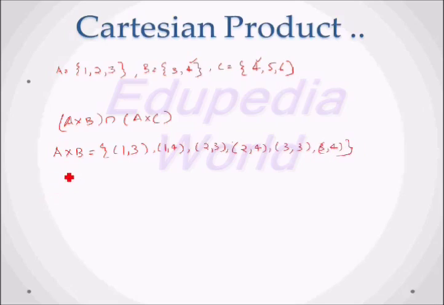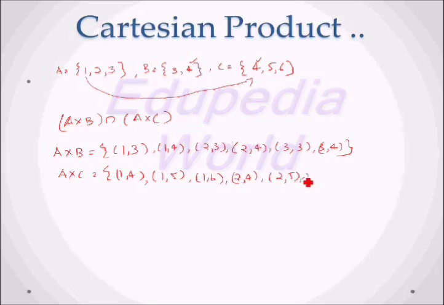And A cross C equals the set of all ordered pairs (1, 4), (1, 5), (1, 6), (2, 4), (2, 5), (2, 6), (3, 4), (3, 5), and (3, 6).